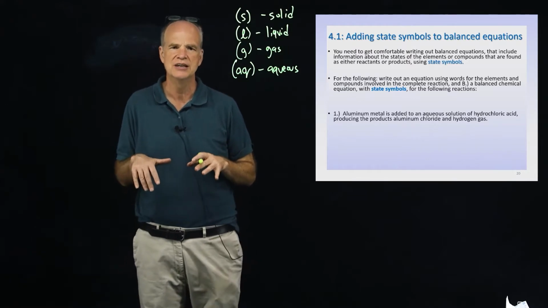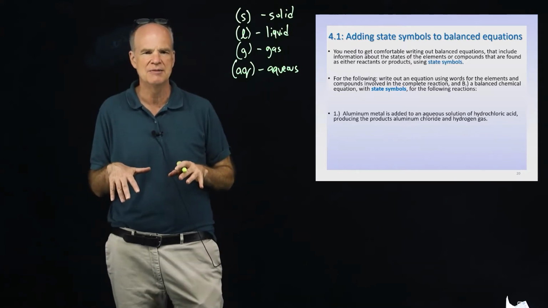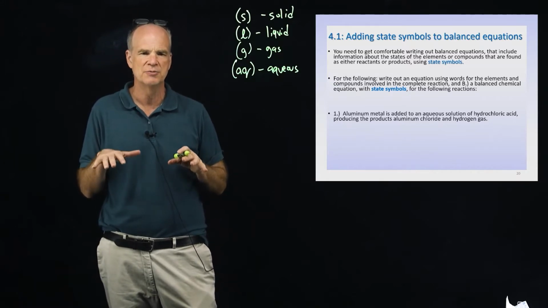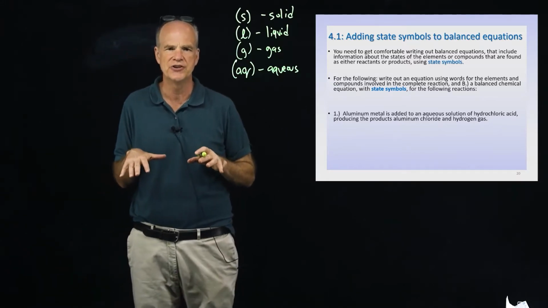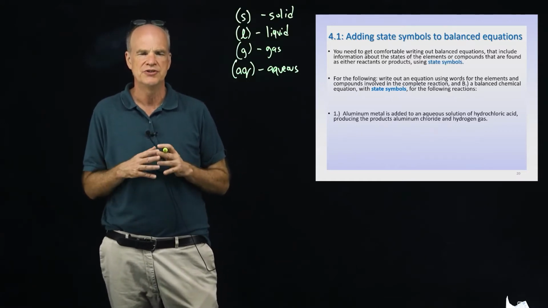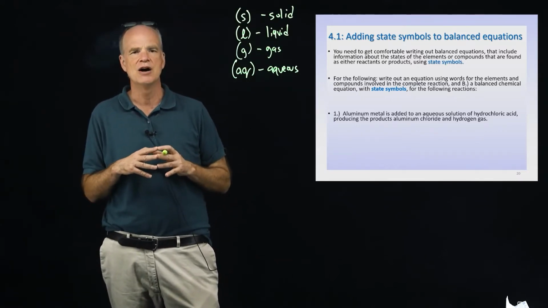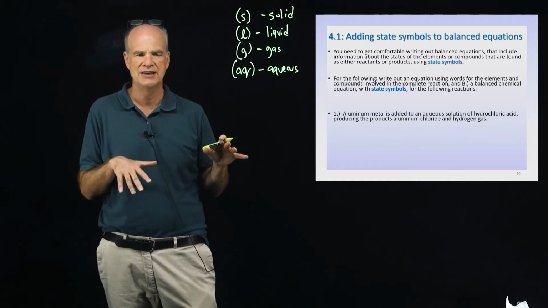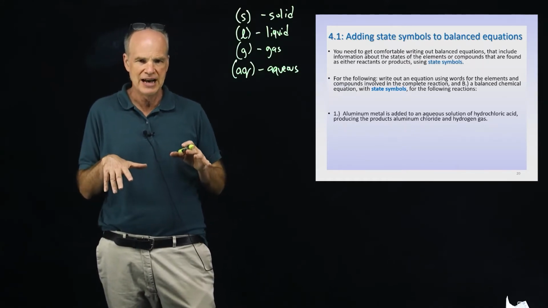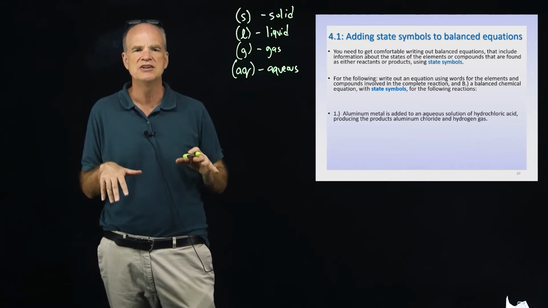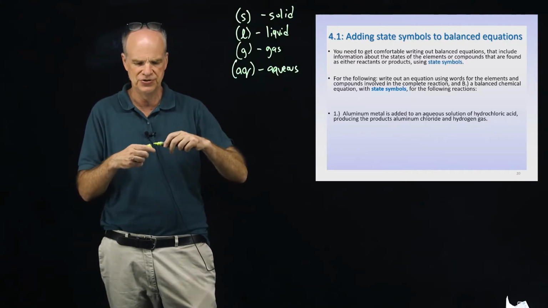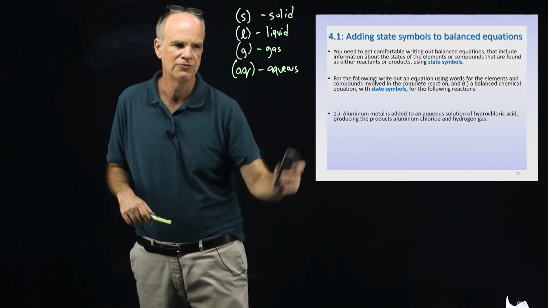If you can tell from the explanation of the problem that the ionic compound is dissolved in water, and if the ions are truly dissolved in the water, which we'll talk more about later, you indicate that by using the symbol (aq) after you write the formula. I think the best thing is to explain that with a few problems.